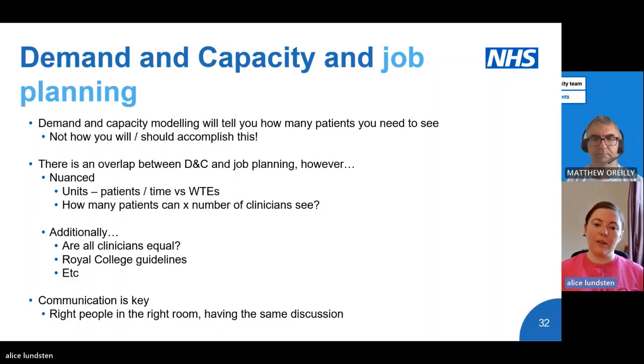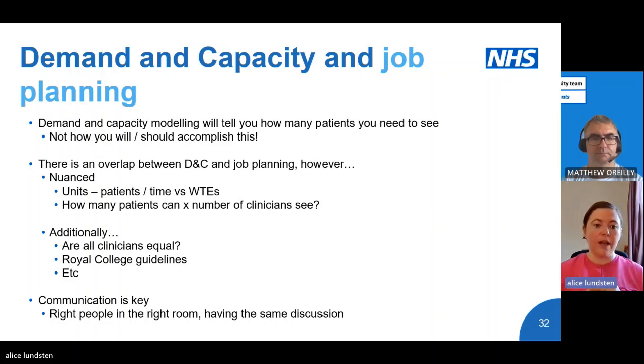A lot of that will be looking at job planning. In terms of a Venn diagram, there's quite a significant overlap, but with important little crescent moons either side. It's quite nuanced in terms of whether you're looking at patients versus full-time work versus time versus full-time equivalents. It's how you use those words and how you're understanding them, and having that shared language is really, really important.